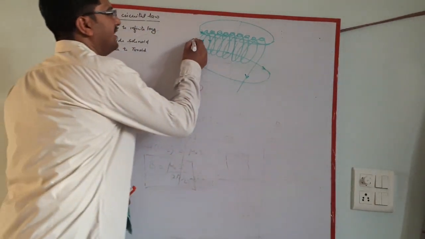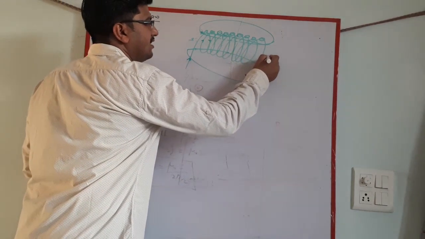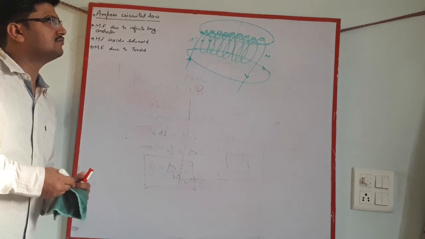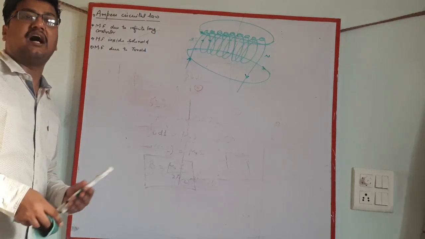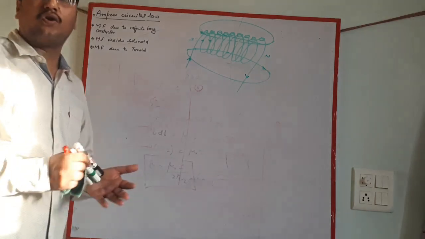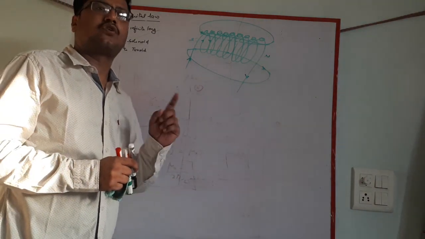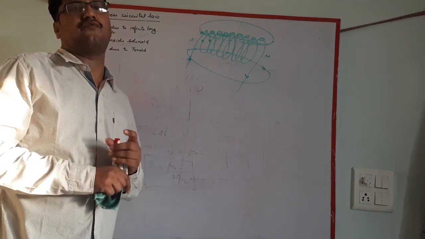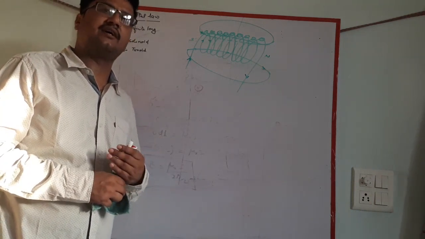And this side acts as south, this side acts as north. And hence the solenoid also acts as a bar magnet. So what is a solenoid? A long insulated copper wire bound closely in the form of a helix is called a solenoid.